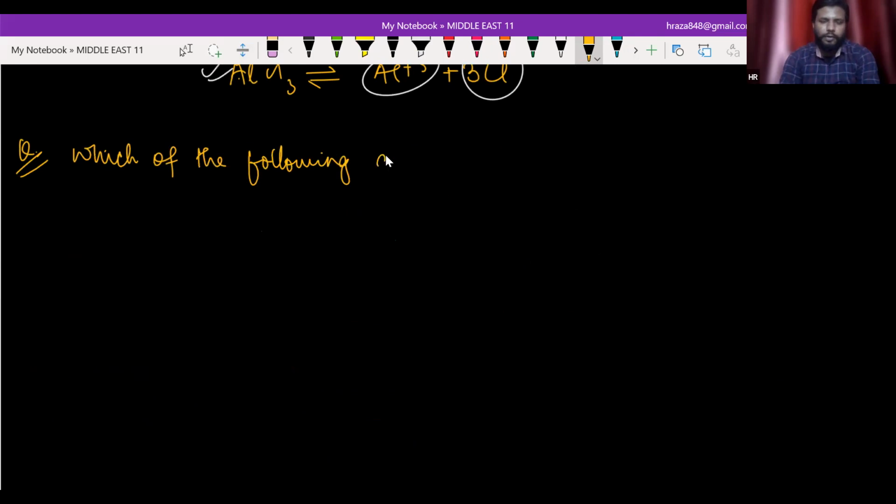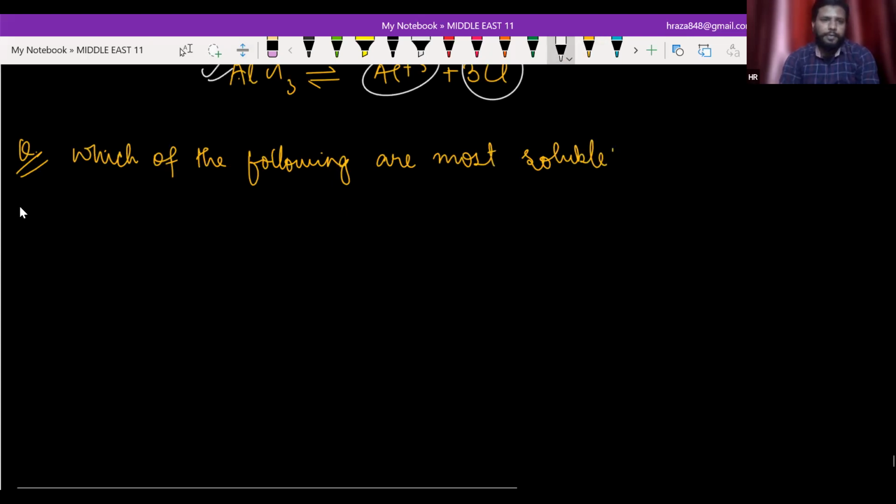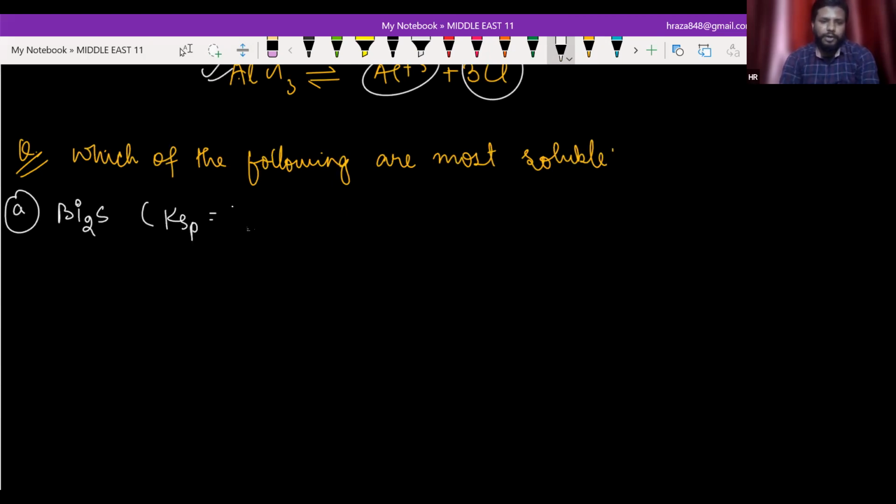Which of the following are most soluble? Bi2S3, Ksp has a value that will be equal to 10 raised to the power minus 23. MnS, Ksp has a value that will be equal to 10 raised to the power minus 8.